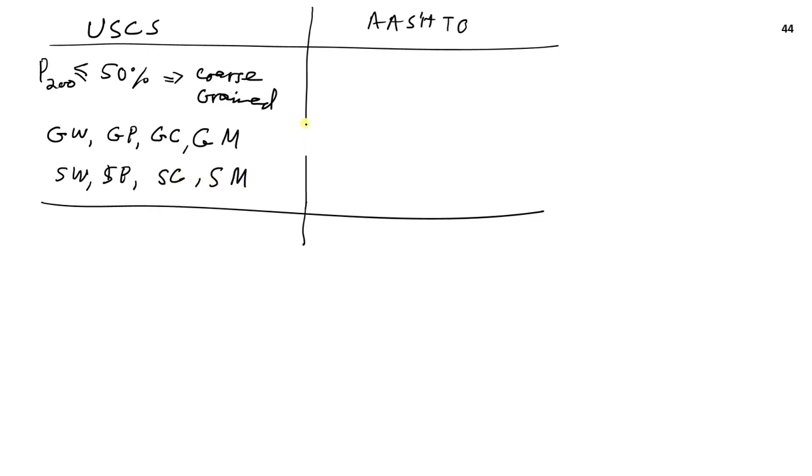So these are the basic 8 groups, but there are some borderline cases with dual groups also, which we are not going into.